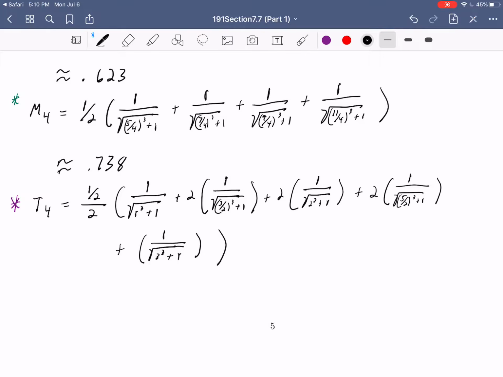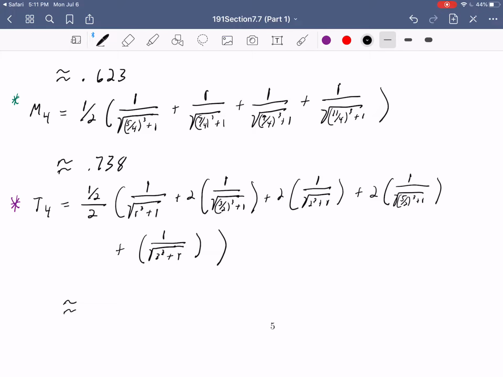Okay, and if we type all that in, we should get 1 divided by the square root of 2, plus 2 divided by the square root of 27 divided by 8 plus 1, plus 2 divided by the square root of 8 plus 1, plus 2 divided by the square root of 125 divided by 8 plus 1, plus 1 divided by the square root of 27 plus 1.